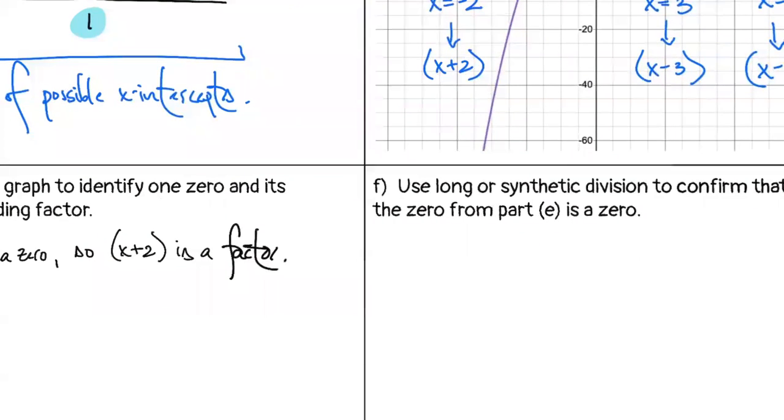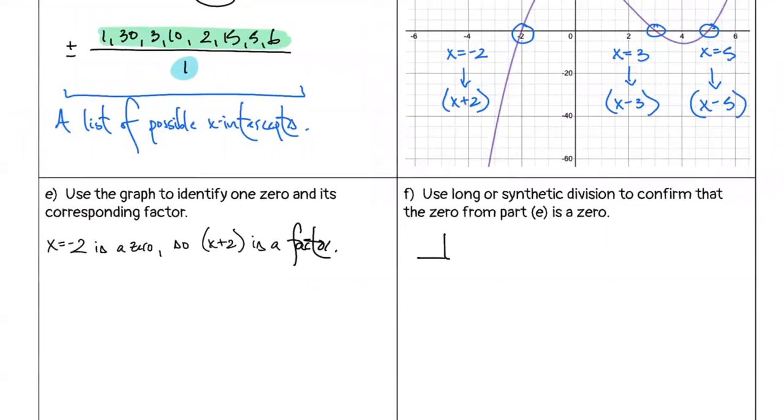I love it. So we're going to draw that half square. And we're going to think about what number goes in this half square over here. Right? So the number that goes inside the half square is going to be your 0. So I'm going to go ahead and put a -2 right in there.